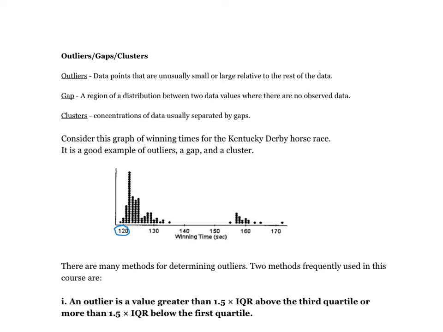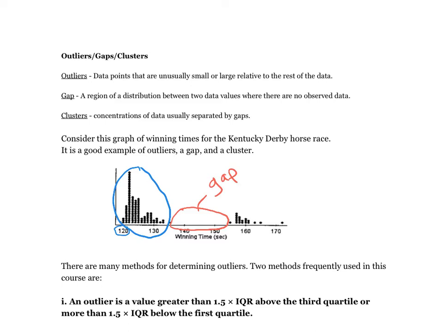Most horses finish somewhere between 2 minutes and 2 minutes 10 seconds. But look at this enormous gap right here. No horses have ever finished between 140 and 150 seconds, actually about 155 seconds.